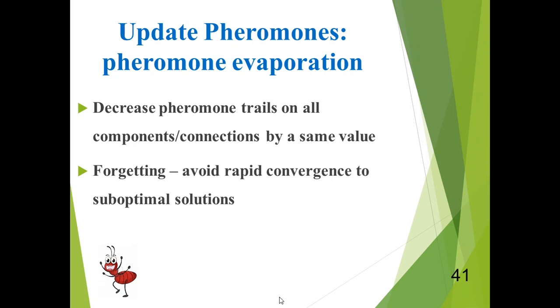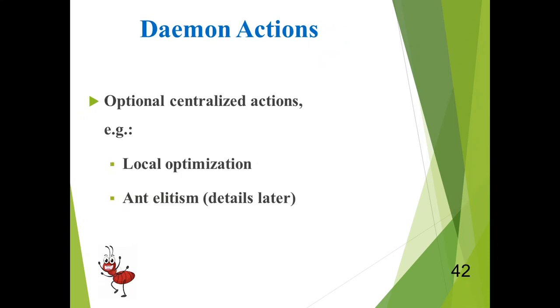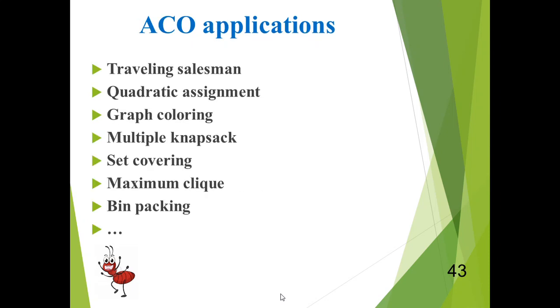Forgetting avoids rapid convergence to suboptimal solutions. Daemon action: optional centralized actions, e.g., local optimization and listing. Details later.